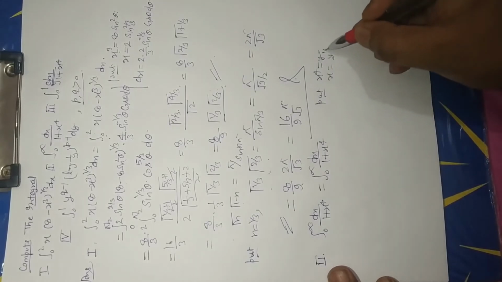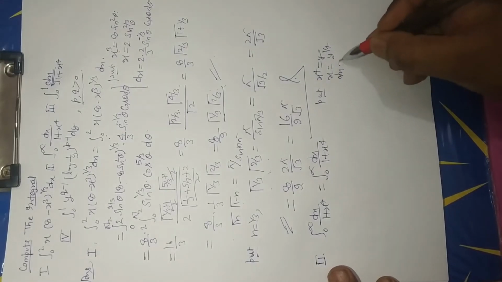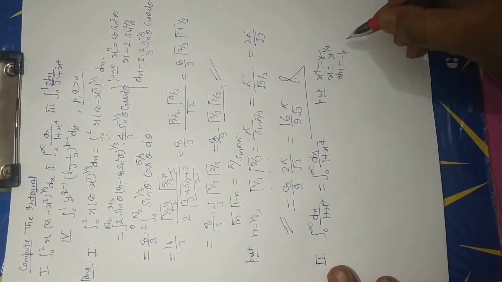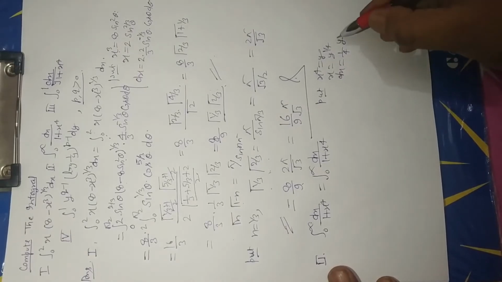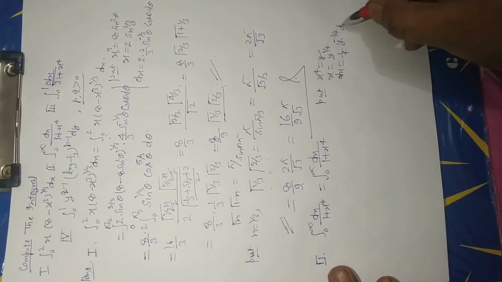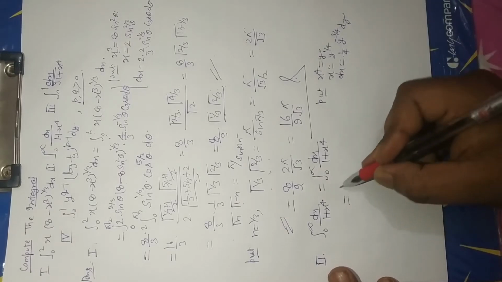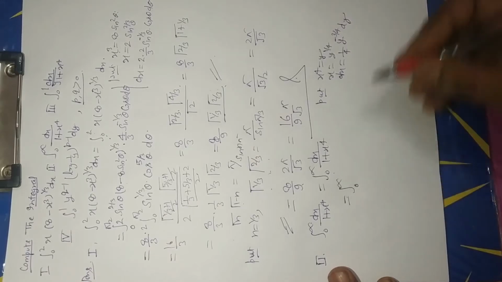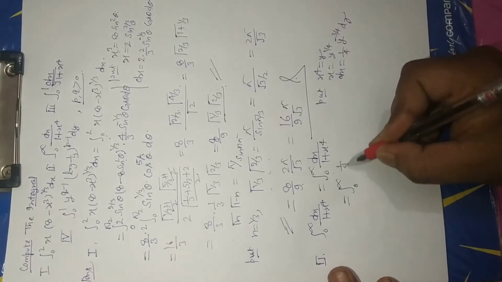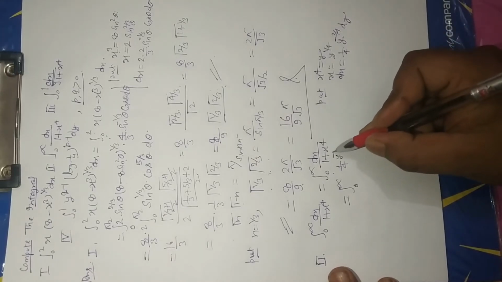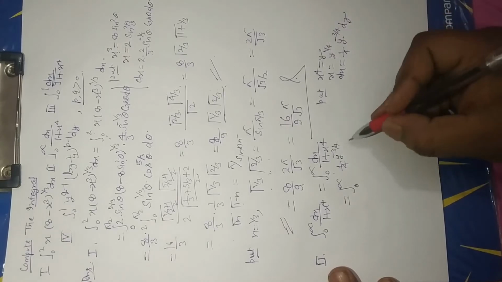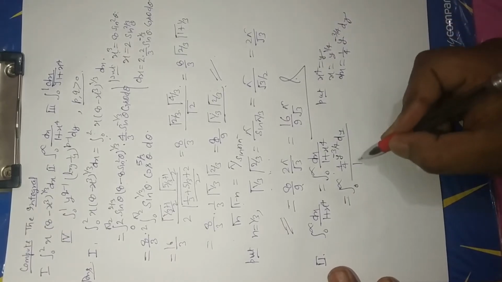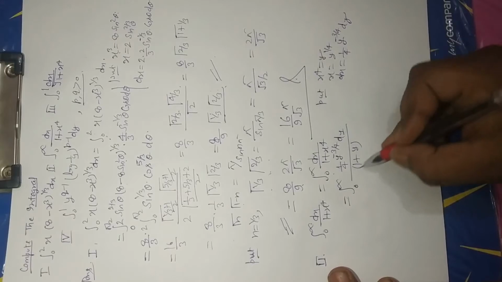Now x is equal to y^(1/4), that is dx is equal to 1/4 y^(-3/4) dy. Now putting in this, the limit of y is 0 to infinity, the value of dx is 1/4 y^(-3/4) dy upon 1 plus y.